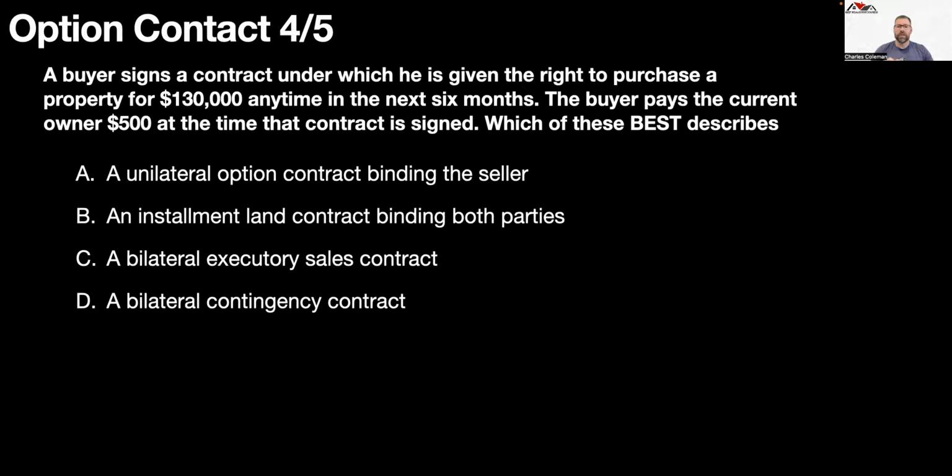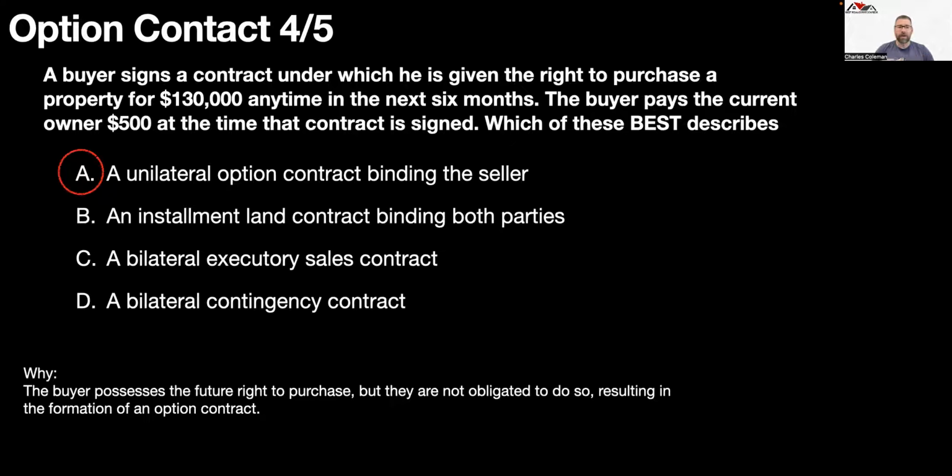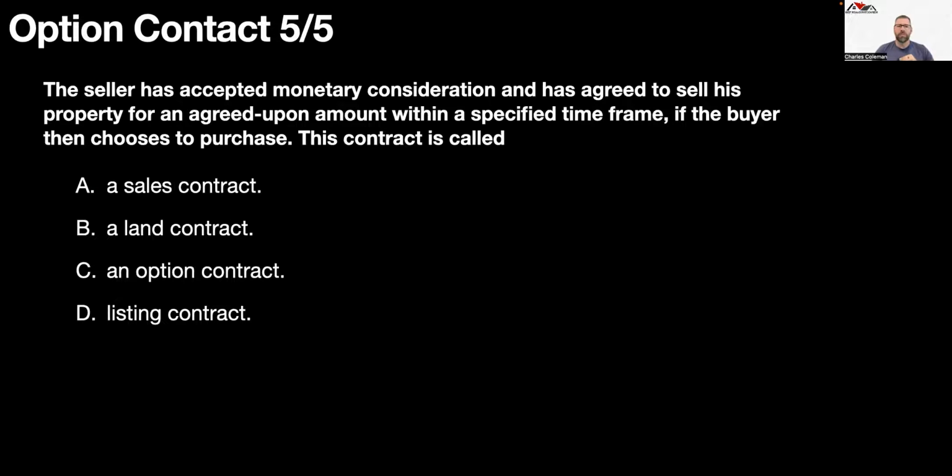Which of these best describes what is happening in this scenario? It's a unilateral option contract binding the seller. The buyer possesses the future right to purchase, but they are not obligated to do so, resulting in the formation of an option contract.